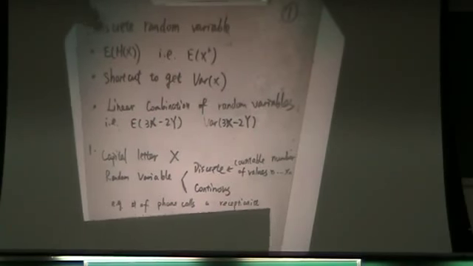Okay, so then we're going to follow kind of the same pattern. We give a variable, and then we're going to talk about the probabilities, expectations, and something like that.